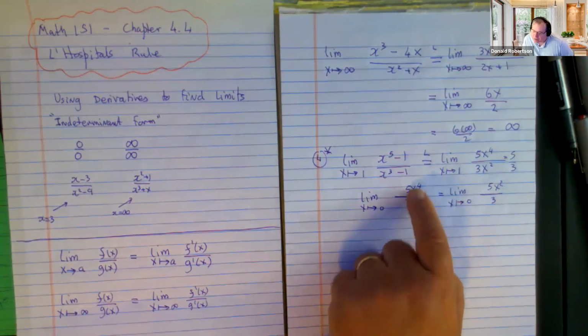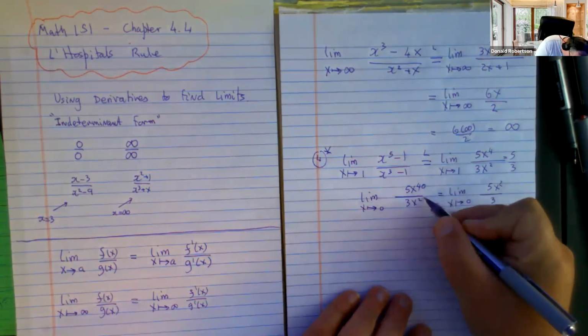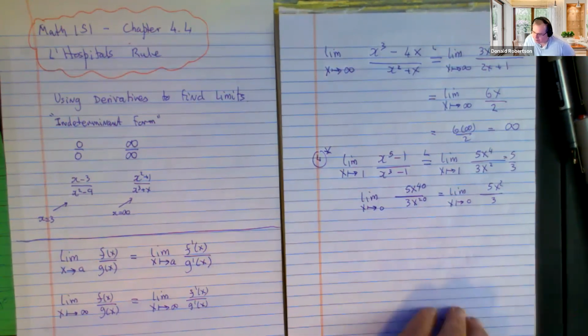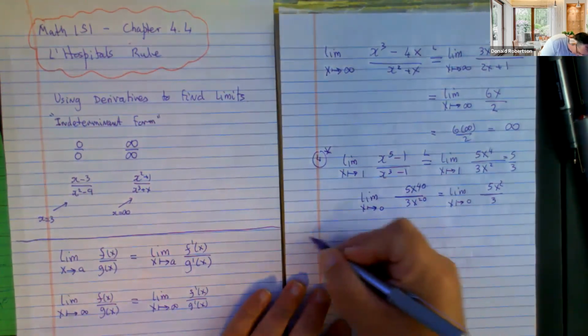If I left it here, wouldn't I be saying 0 over 0 and end up doing lots and lots of L'Hospitals? Especially, I'll make it silly, do you really want to do it another 20 times? There's no need to if you do a little bit of algebra. And that's quite clever.